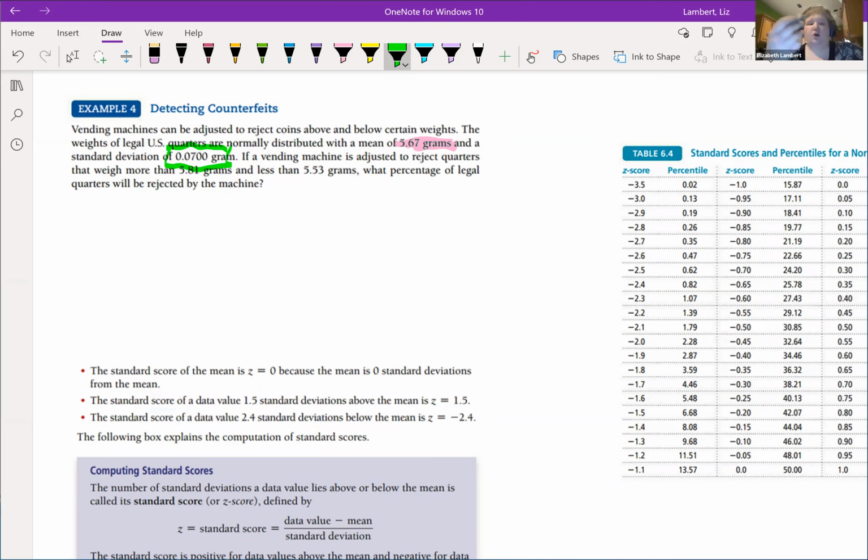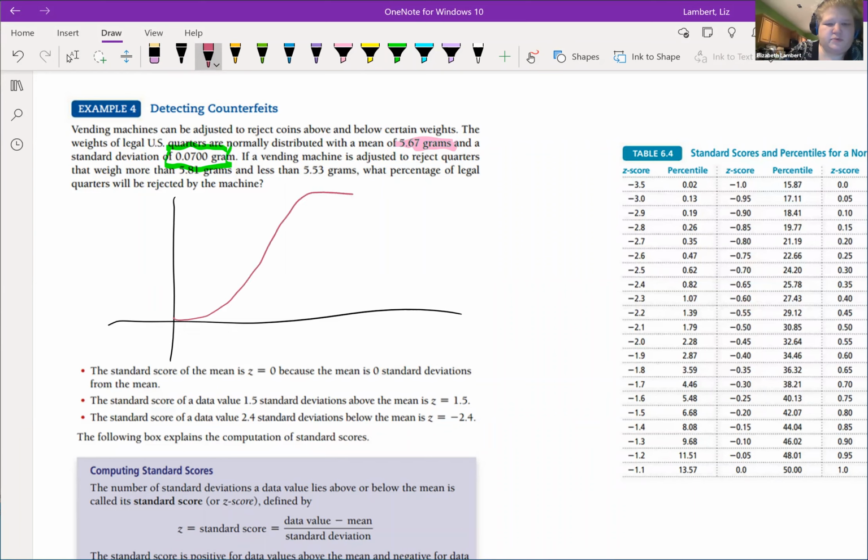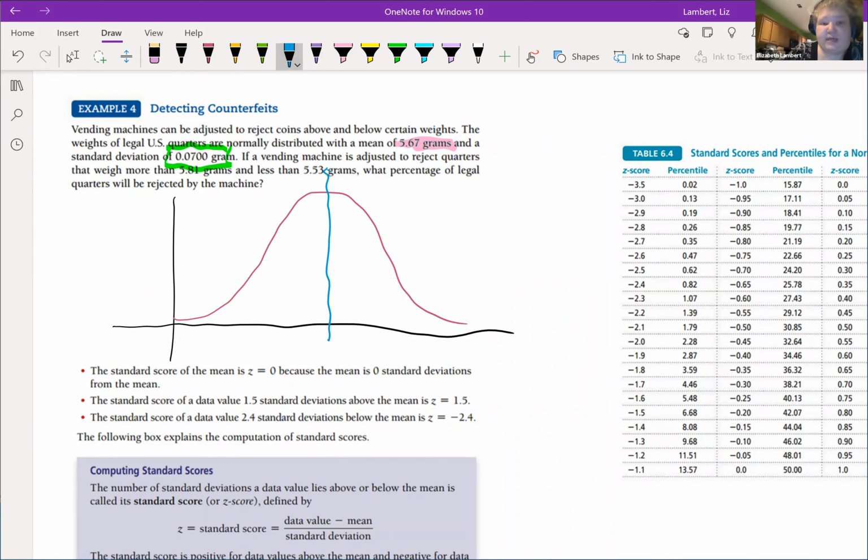Okay, so what we're going to do to answer this, to get the rough answers, is I'm going to draw a bell curve. Let's see if I can doodle. Not bad. All righty. So our middle value is the mean.